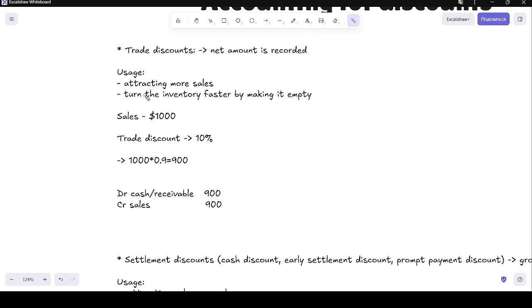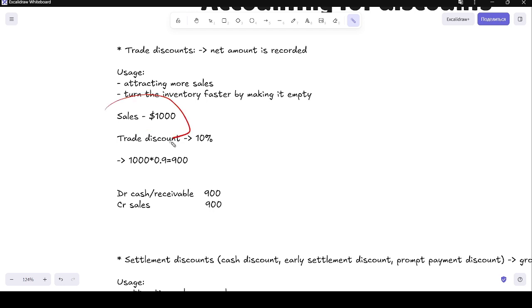Why is it used? To attract more sales and also turn the inventory faster by making it empty. This is used for avoiding the inventory becoming perishable, and this is also an expense and also abnormal loss. We will talk about it later, right?